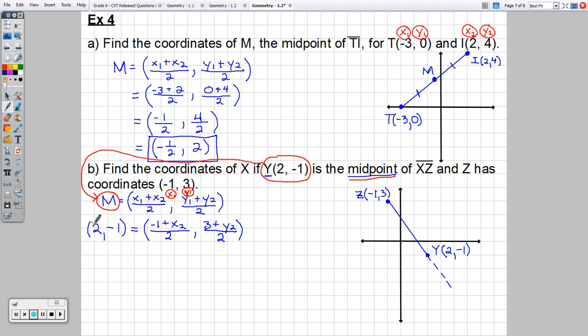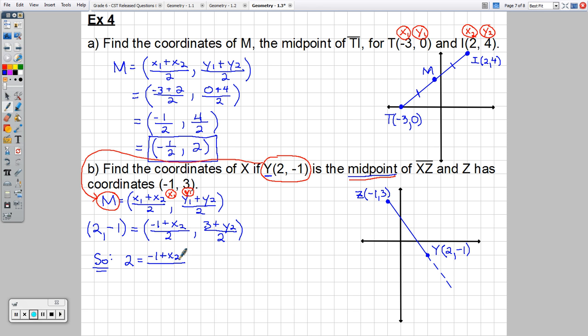So at this point, I have 2 is represented by this value, -1 plus x2 over 2. And -1 is represented by this value. So I'm going to separate this now into two different problems. I've got 2 must equal -1 plus x2 over 2.